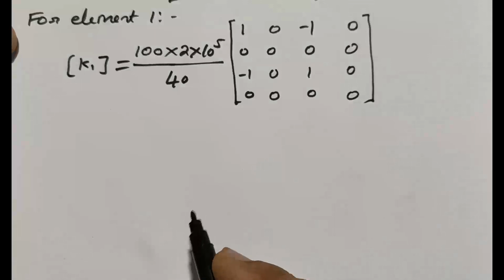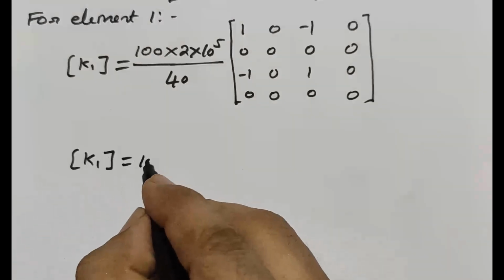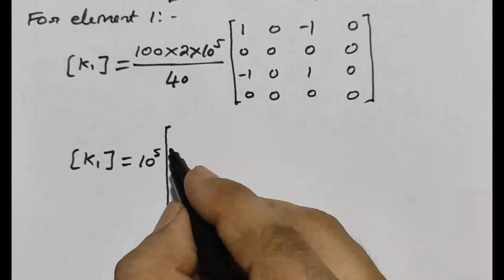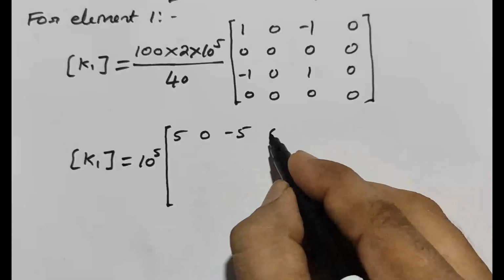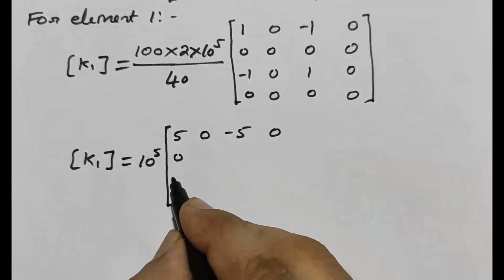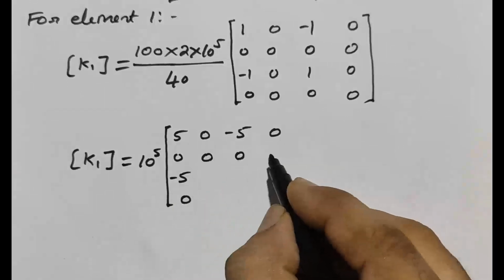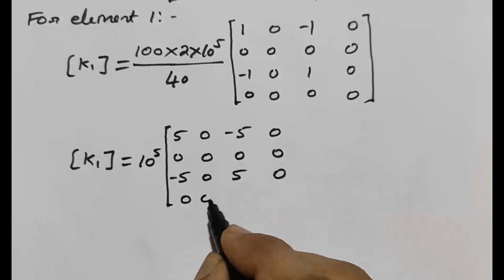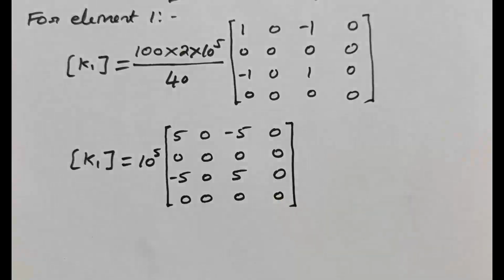Now if you simplify this, K1 becomes 10 power 5 outside, and inside 5, 0, minus 5, 0, 0, minus 5, 0, 0, 0, 0, 0, 5, 0, 0, 0, 0. This is the elemental stiffness matrix for the first element.